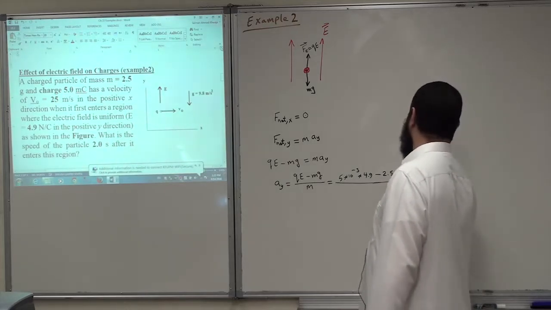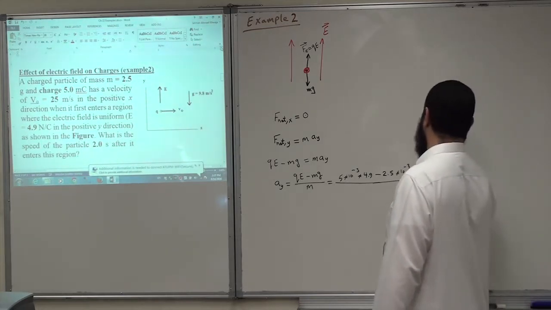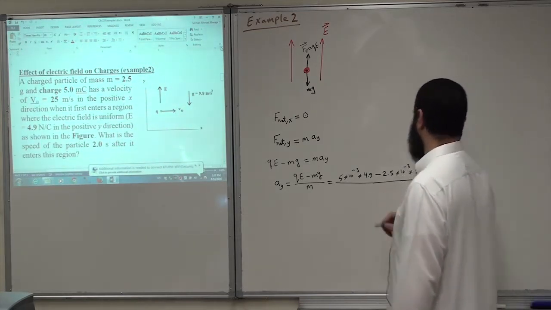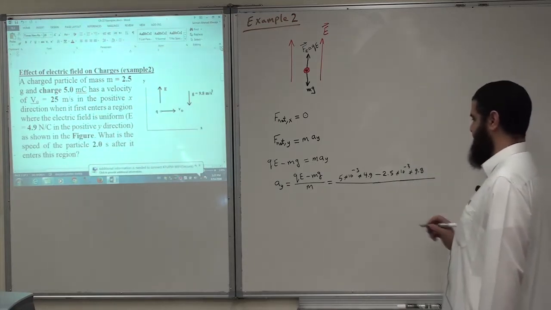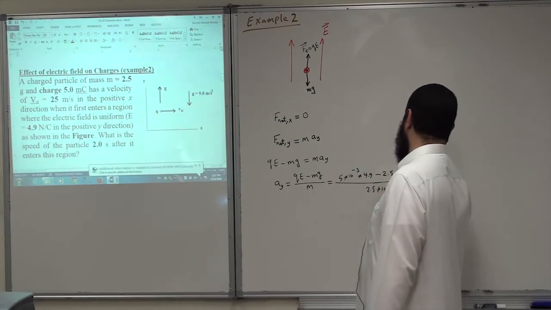So this is 10 to the minus 3 to convert it to kilograms, multiplied by g, the well-known constant, which is 9.8 meter per second square, divided by the mass, which is 2.5 times 10 to the minus 3.